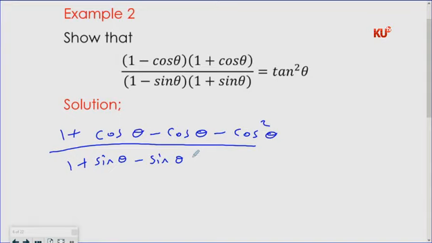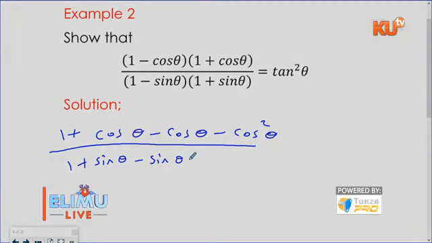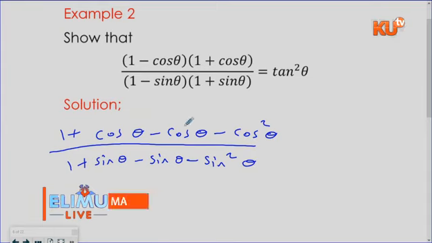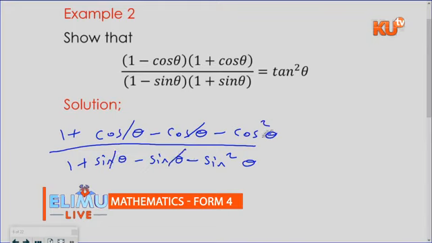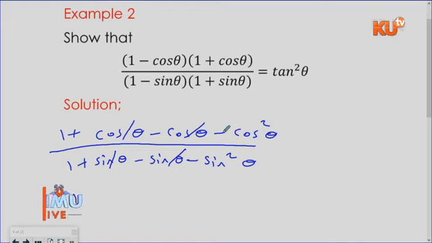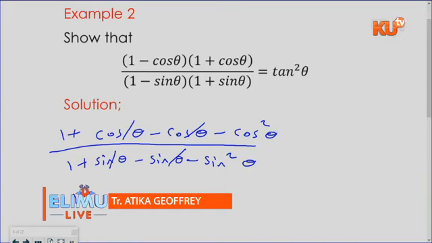Negative sine theta times positive sine theta. You did this in Form 1, integers. So negative being multiplied by positive, you get negative sine squared theta. Looking at this, cos theta minus cos theta, so the two will cancel out. Same to this, sine theta minus sine theta, they will cancel out. I'll be left with 1 plus negative cos squared theta.